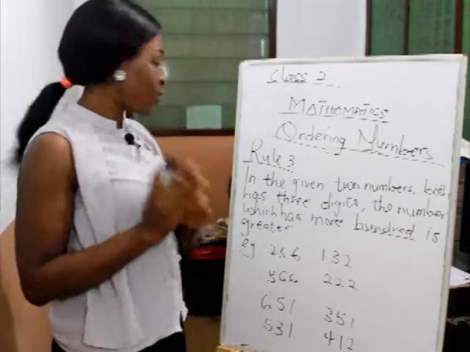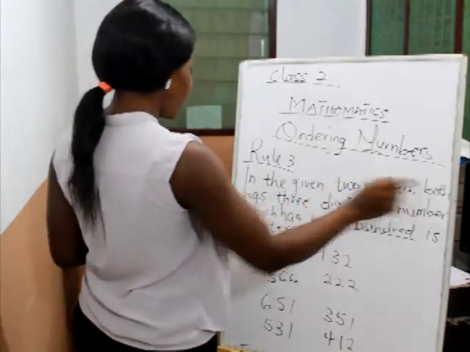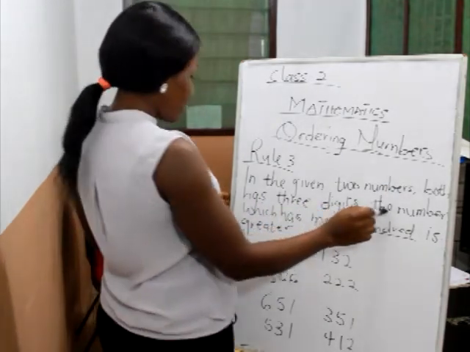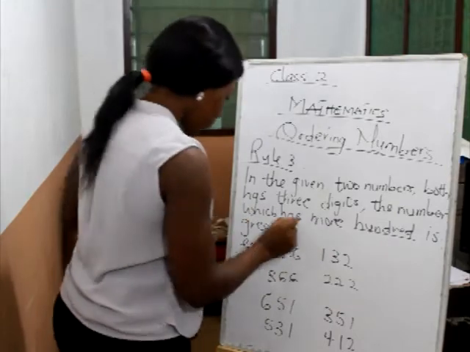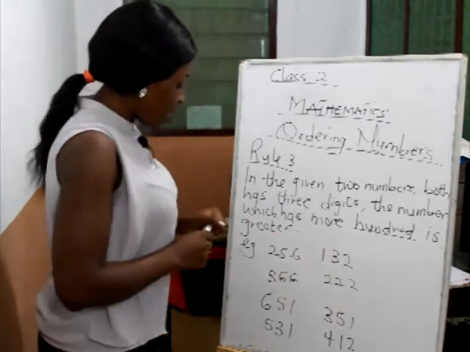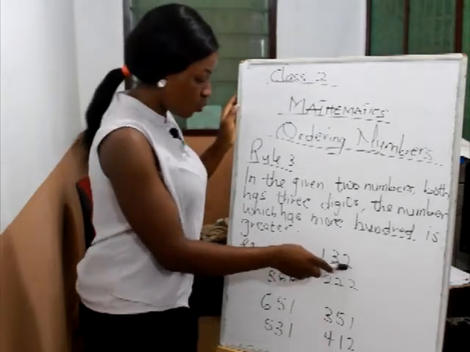So rule number 3, it says in the given two numbers, both have 3 digits, the number which has more hundreds is greater. So for example, we have 256 and 132.